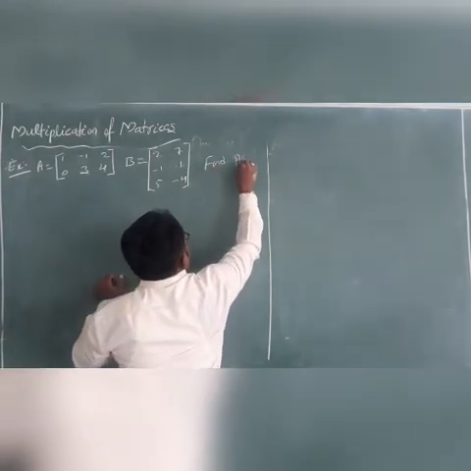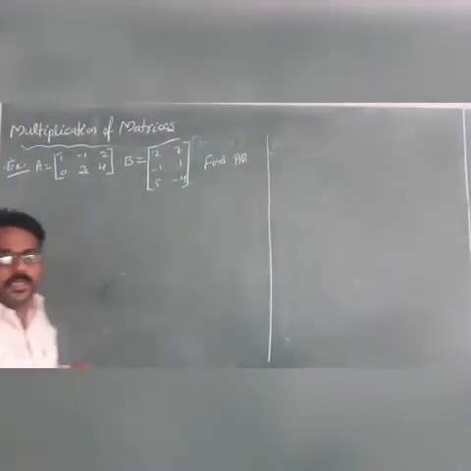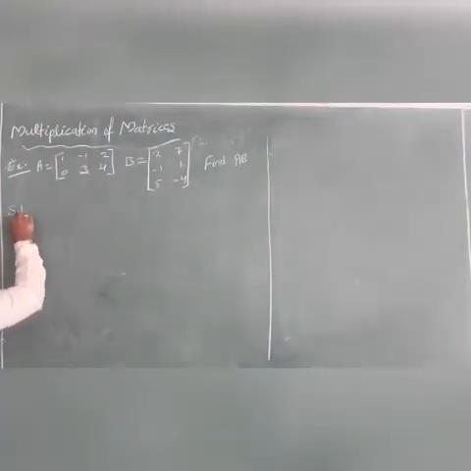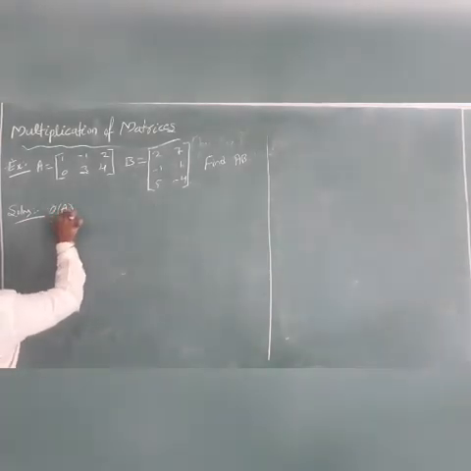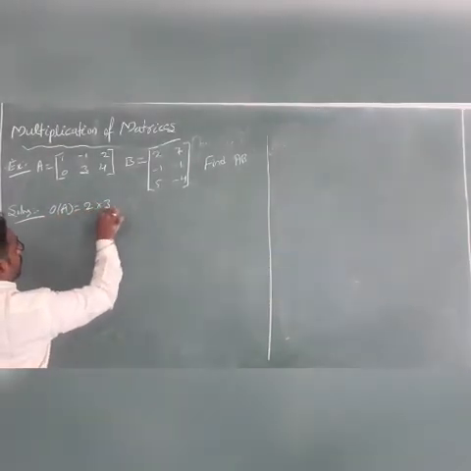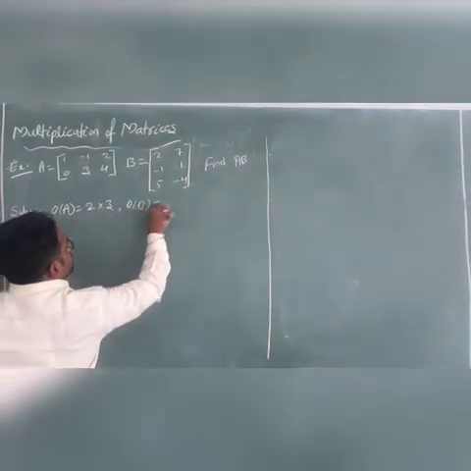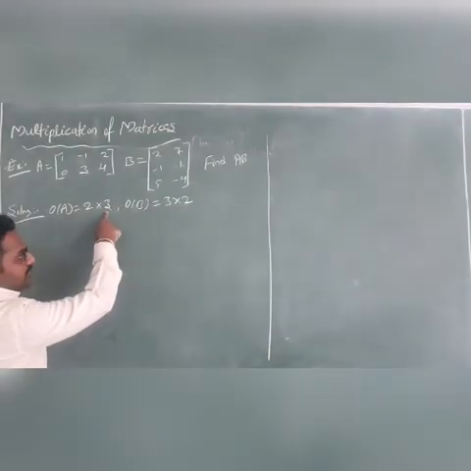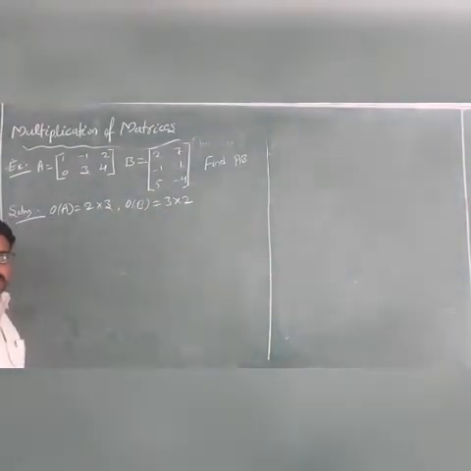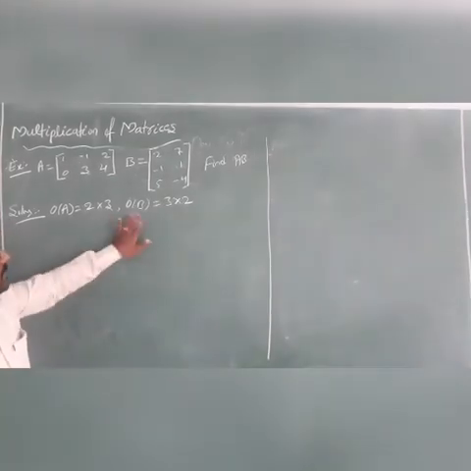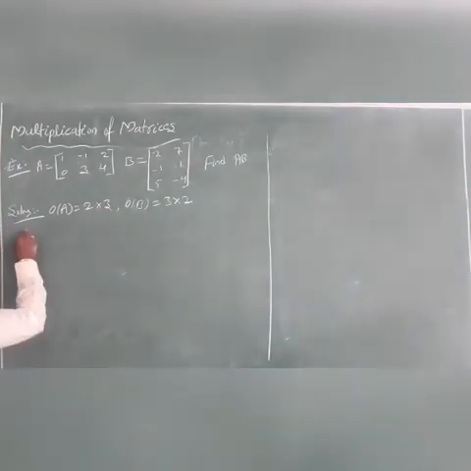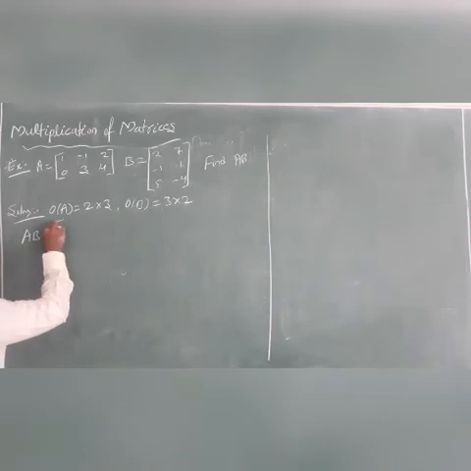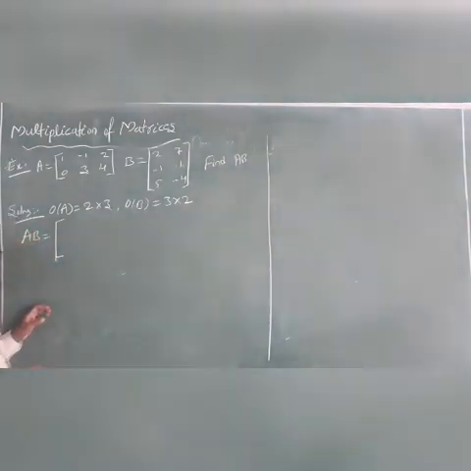Observe the thing here, students. Order of A is 2 by 3. Order of B is 3 by 2. So the number of columns of the matrix A and the number of rows of the matrix B are both equal. So AB exists. AB is of what order, students? That is a 2 by 2 matrix.